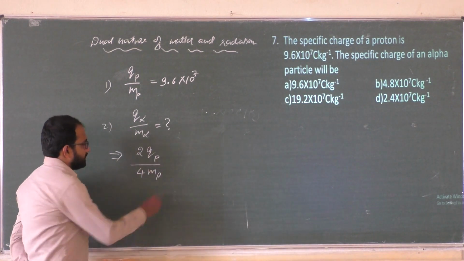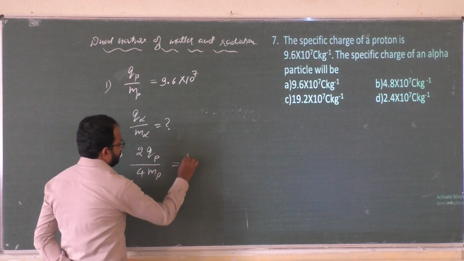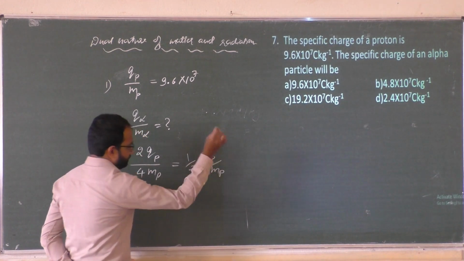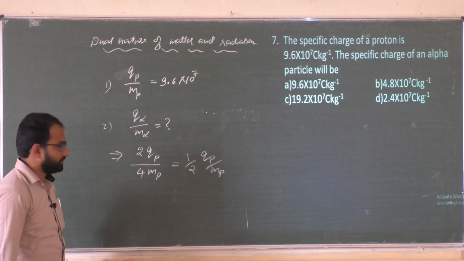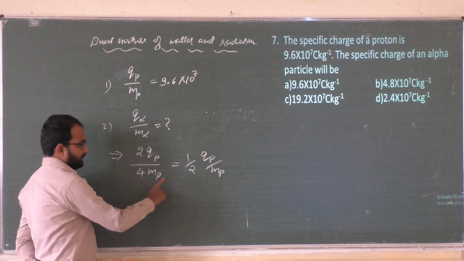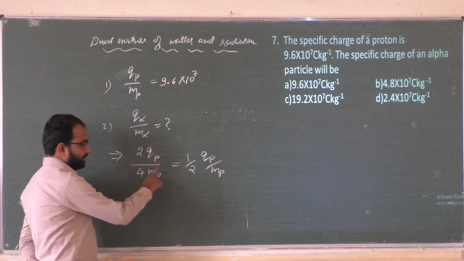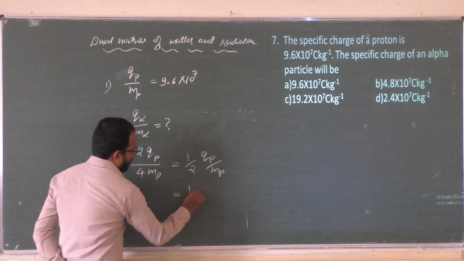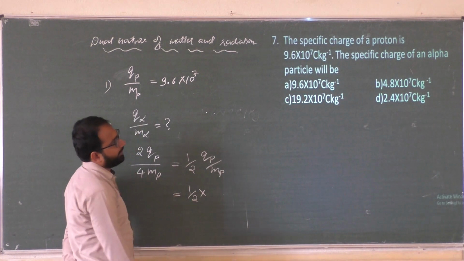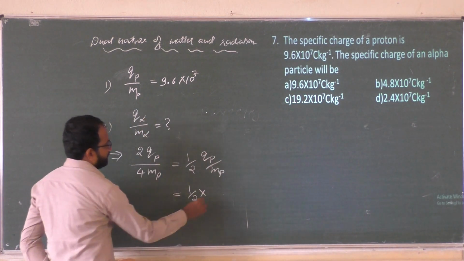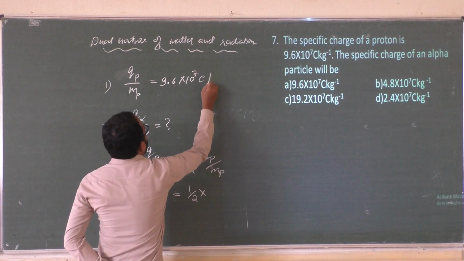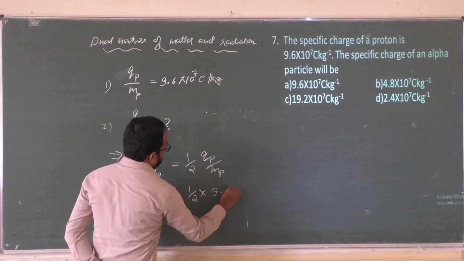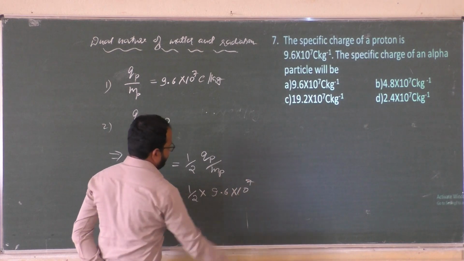Right? So therefore this is equal to half of Qp by Mp. Mass of alpha particle is nearly 4 times the mass of proton. This is equal to half into Qp by Mp, which is given, 9.6 into 10 to the power of 7 coulomb per kg.